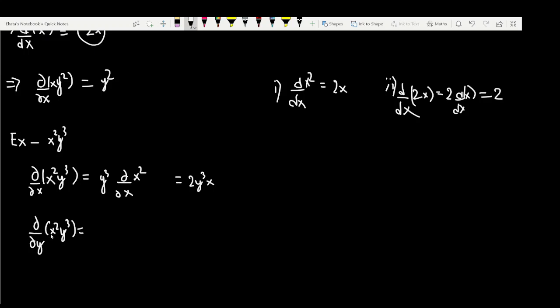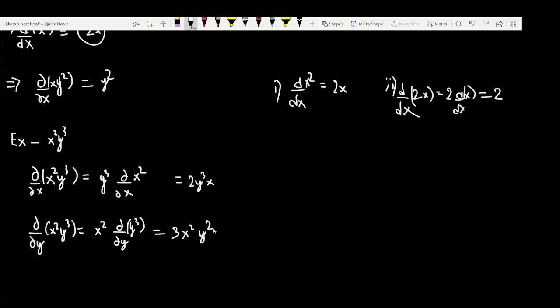We take x squared out of the expression, and we apply del by del y only to y cubed, because it treats x squared as a constant, and what we get is 3x squared y squared.